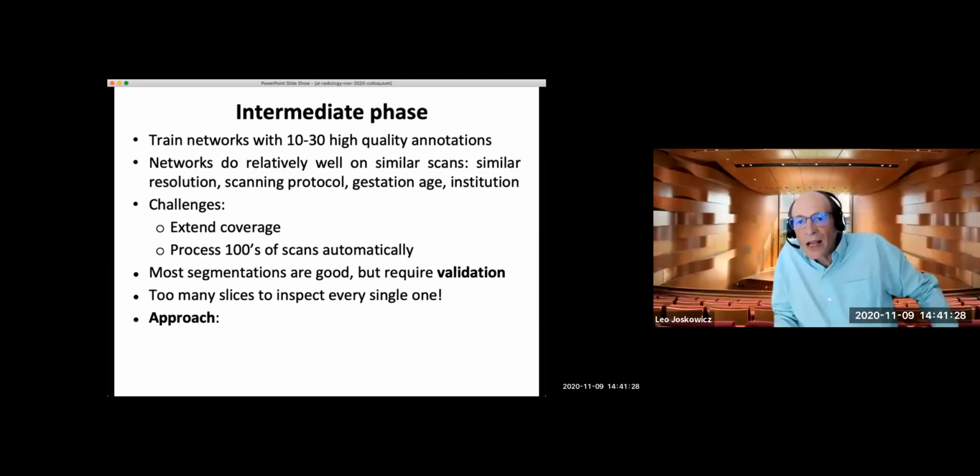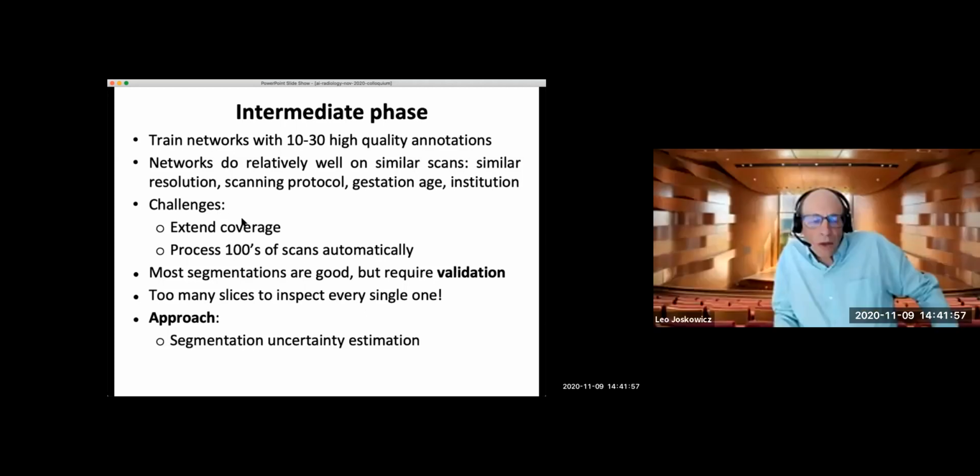And the trouble is that it doesn't generalize well. Even the resolution doesn't generalize well. This is the challenge. So I go to Hadassah, I get the data sets, I train on them. I get data sets now from Ichilov. It's most likely not going to work very well. Okay, this is the problem.